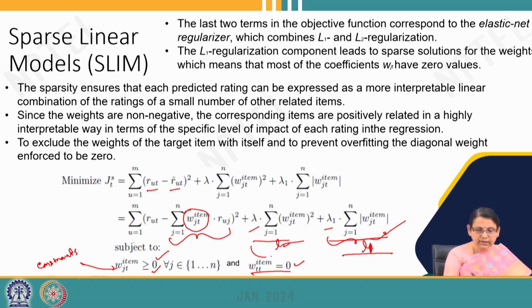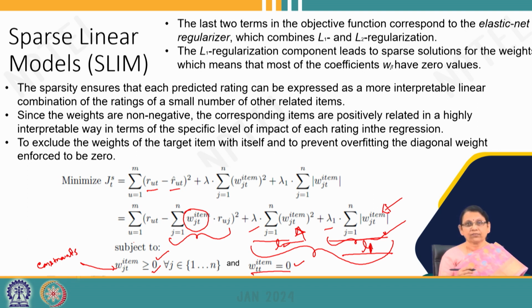Using this, when you solve it, one term helps you avoid overfitting, and this particular term makes many of these w_jt values 0 if they are not significant. As a result, you get considerably good values.